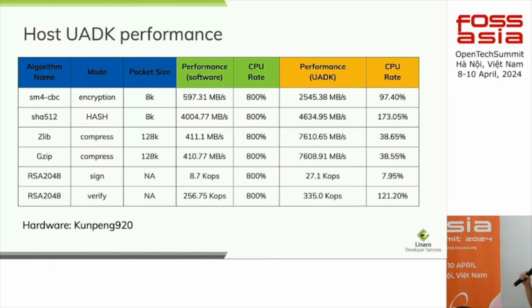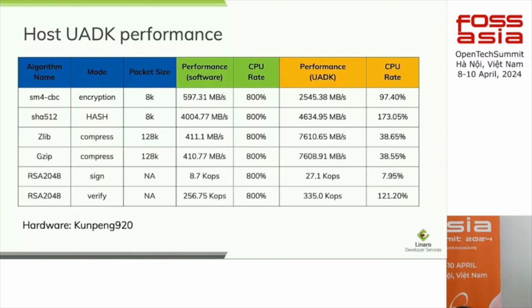Zlib and gzip are also almost 20 times better. The RSA is also 3 times better. This is performance data we tested on the HiSilicon Kunpeng 920 platform.